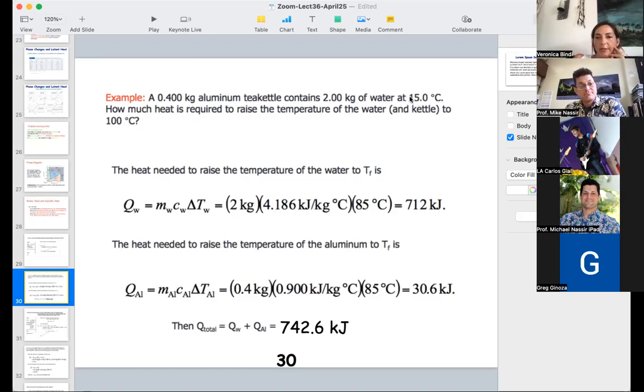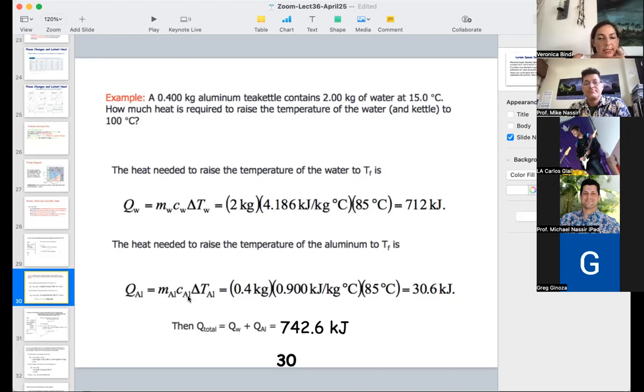So 100 minus 15 is 85. So if I do the calculation, I found that this is 1712 kilojoules.